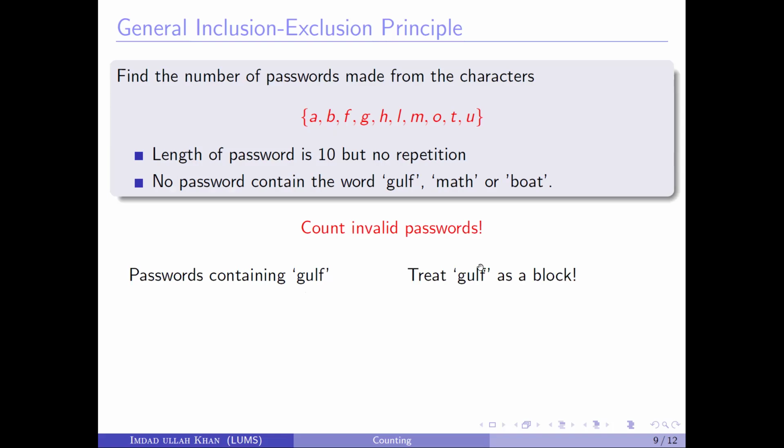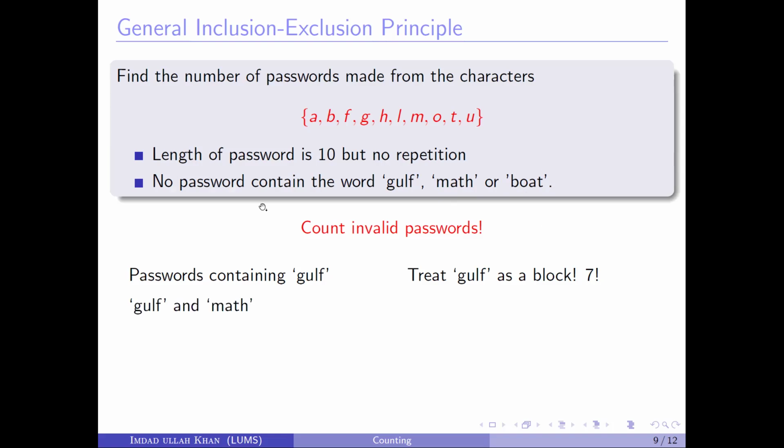So it is taking length 4, and we have 6 remaining pieces. So golf is the 7th one. So the total number of permutations where golf will be the substring is 7 factorial. And as the length of math and boat is also 4, the same principle will apply for passwords containing math or passwords containing boat. Their count will also be 7 factorial.